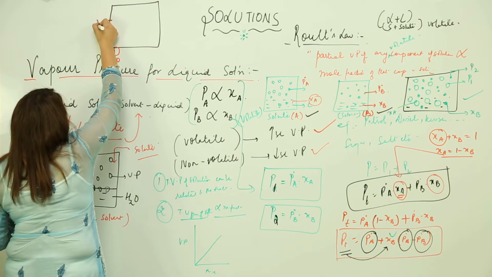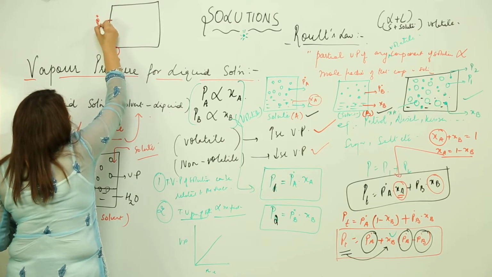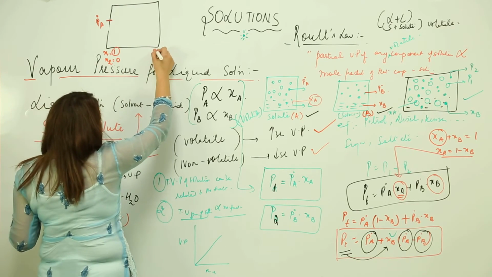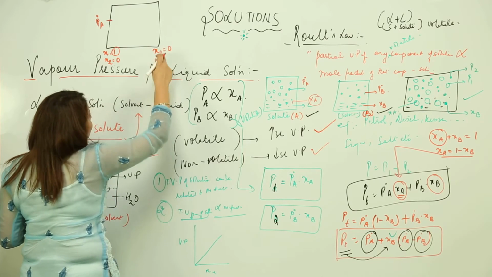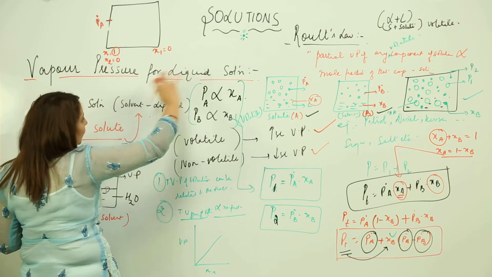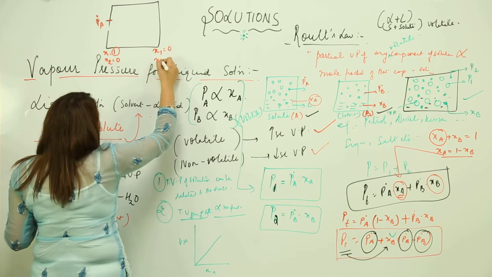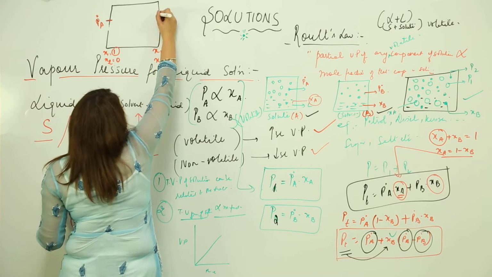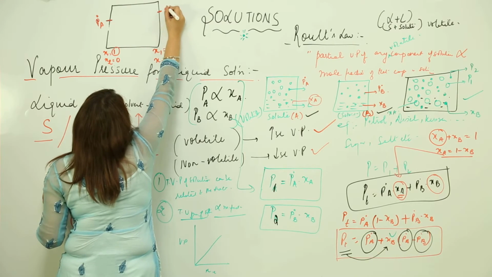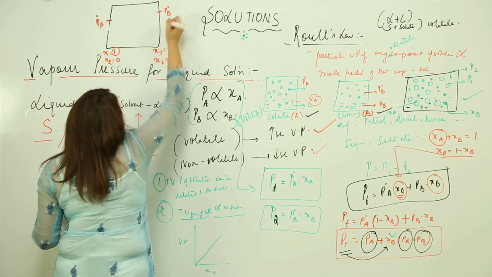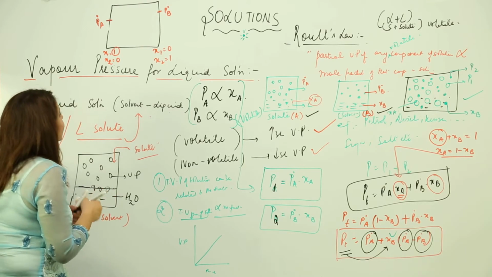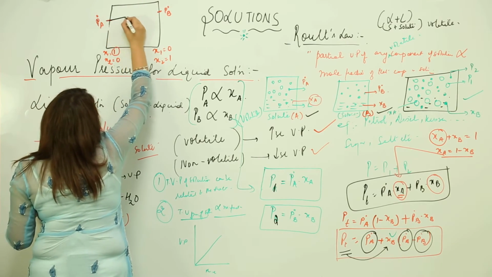So let us say the partial vapor pressure is P naught A for x1. Similarly, if we consider x1 as 0, that means this is not present, or it is non-volatile, then x2 is present and its mole fraction is 1. So obviously the partial pressure is going to be due to this, let us say it is P naught B. So this is how it varies.